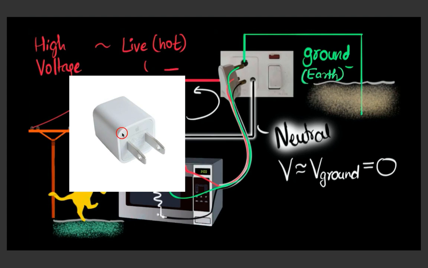The reason why you have this cube whenever you plug in your iPhone to charge it is because this cube is what we call a transformer that steps down the voltage from 120 volts to a much smaller voltage that is actually used to charge your phone. Okay, and so I don't know what it is for an iPhone, but it might be like in the range of a few volts that's actually being used to charge the phone.